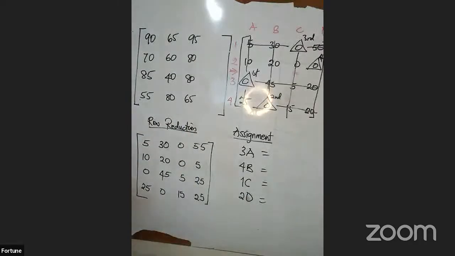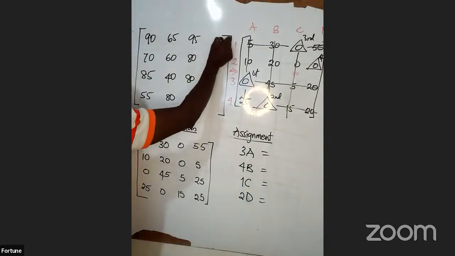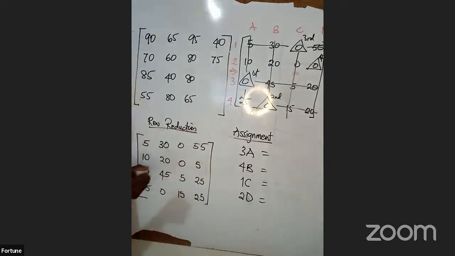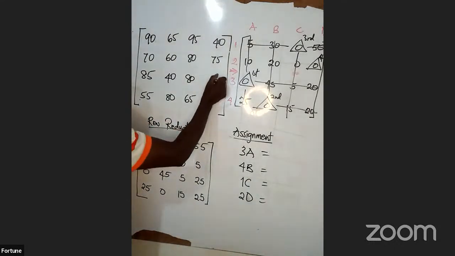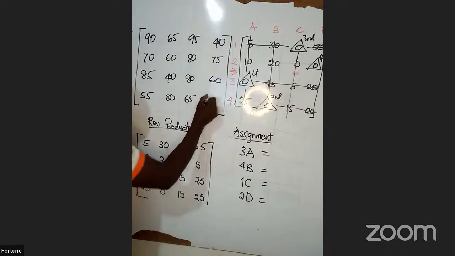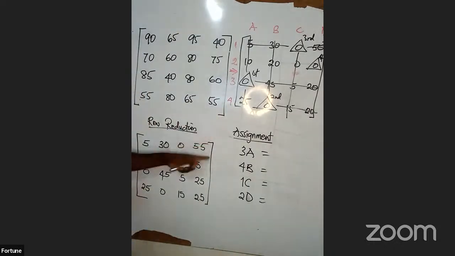Then we have 40, 75, 60, 55. So just locate them.